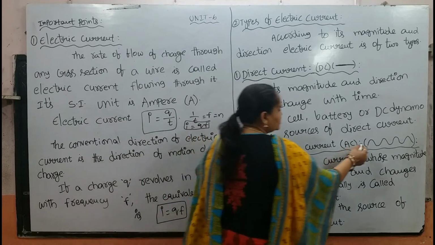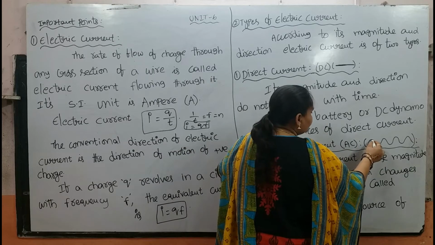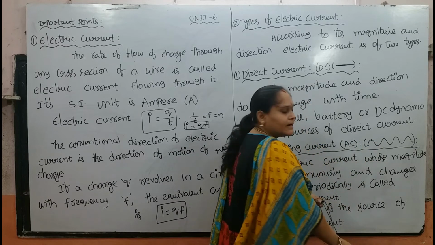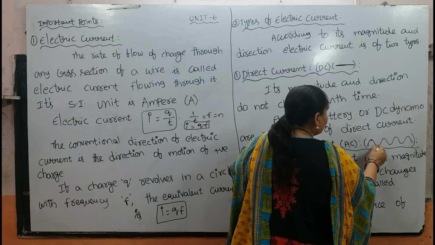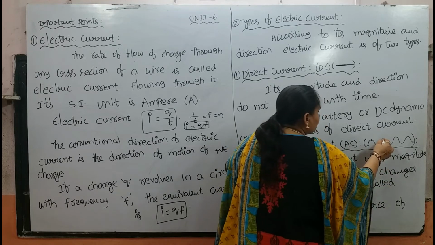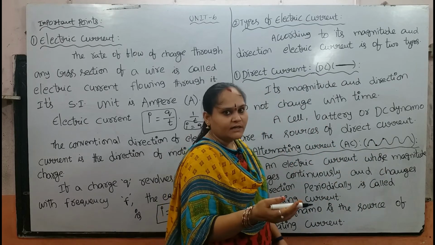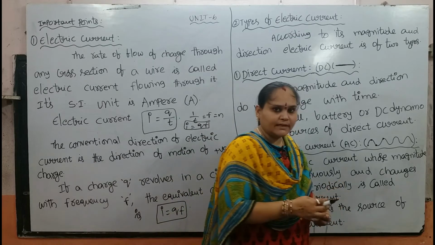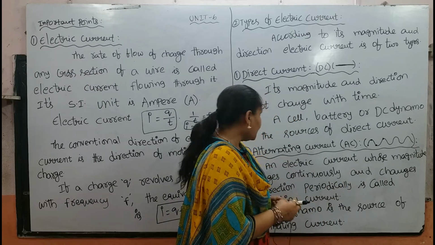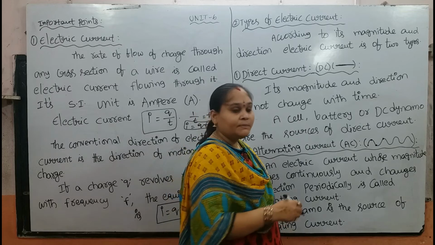That means its magnitude will be changed. Here is zero magnitude and here is the maximum amplitude. So its magnitude varies continuously with respect to time, and its direction varies periodically.